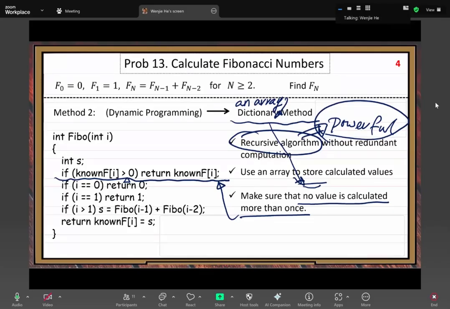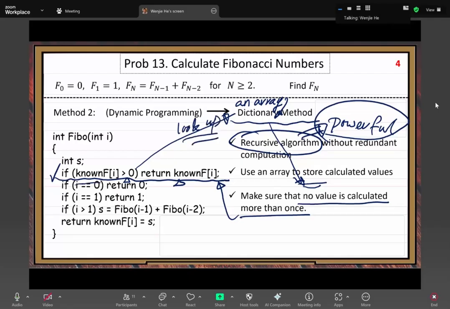So we use this line to check. If it is known, with no calculation needed on that Fibonacci number, you return the known number, right? So this is the lookup step, the dictionary lookup step. What do you mean by lookup?